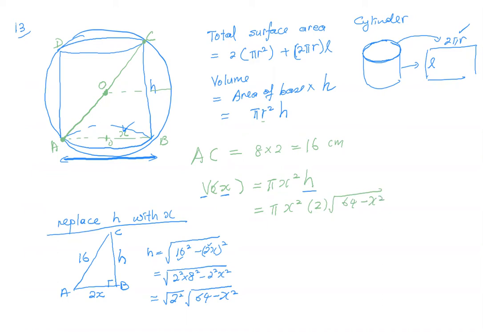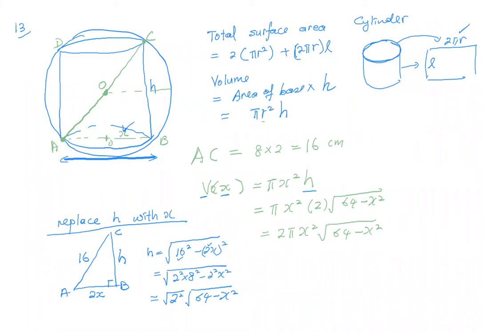So I get 2 pi x squared square root of 64 minus x squared. So I got the formula of the volume in terms of the radius of the cylinder.